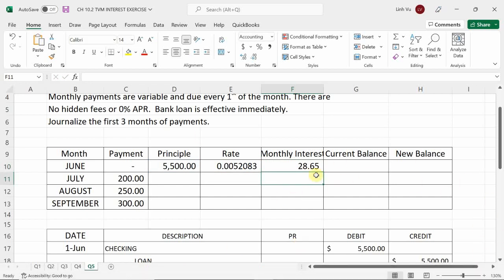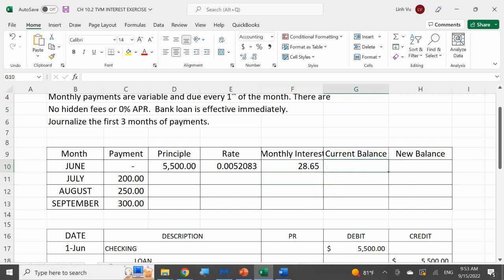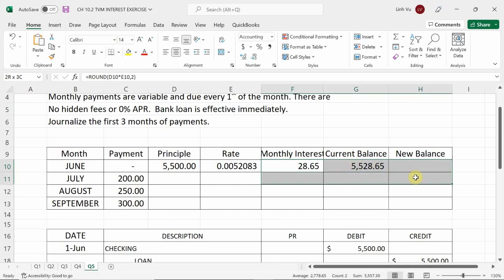Okay? So that means my current balance is going to be... how much money do I owe now? 5,500 plus the interest, 28.65. Correct. That's what I'm going to be receiving in the bill as of July, that I racked up that much interest.